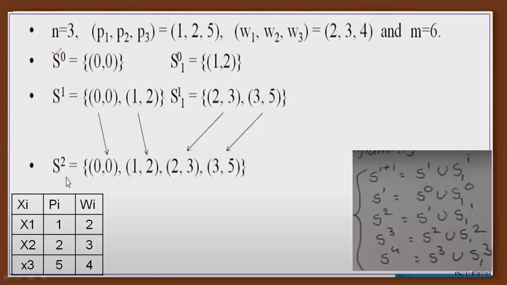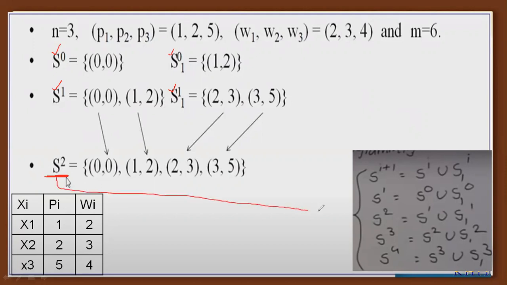So these values I have computed: S^0 computed, S^0_1 computed, S^1 value also computed, S^1_1 value also computed. Now, how to compute the value of S^2? Now, I will explain how to compute the value of S^2.